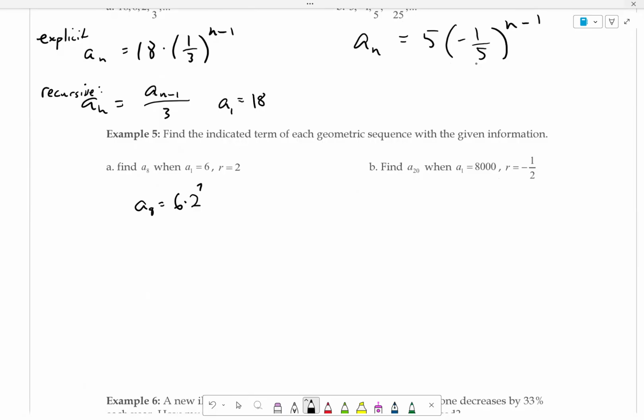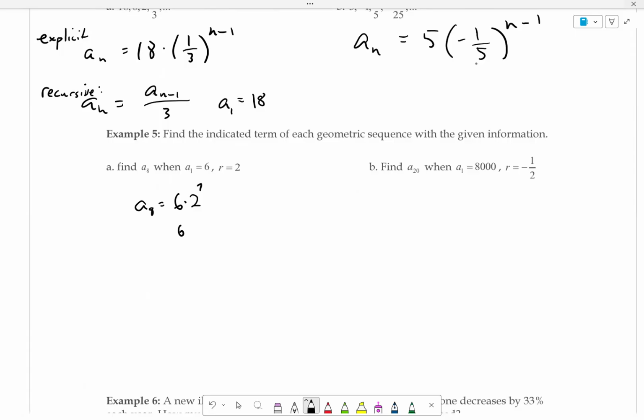Are we good? Now to get 2 to the 7th, is that difficult? Do you guys use your fingers for that? I do recommend it. The thumb is 2, then 4, 8, 16, 32. Does that make sense? Right now at 2 to the 5th, then 64, 128.